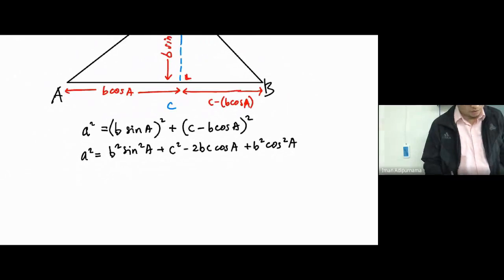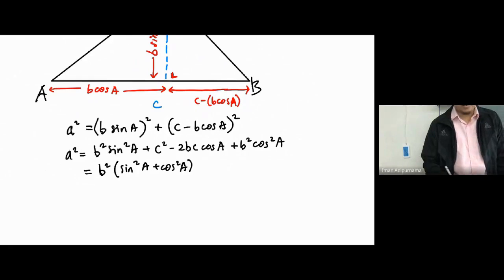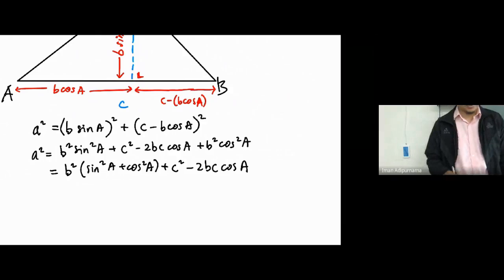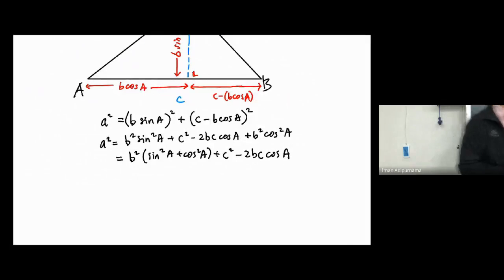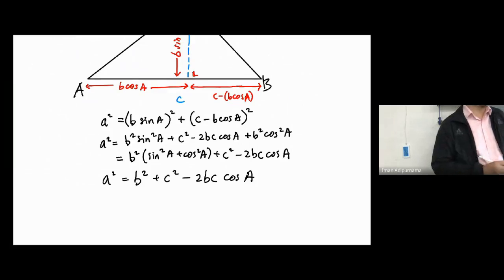So let me move the b squared, sine squared A plus cos squared A, and then plus c squared minus 2bc cos A. I didn't mention how to prove it, but sine squared plus cos squared is 1. So a squared equals b squared plus c squared minus 2bc cos A.